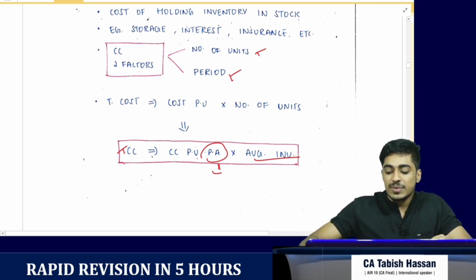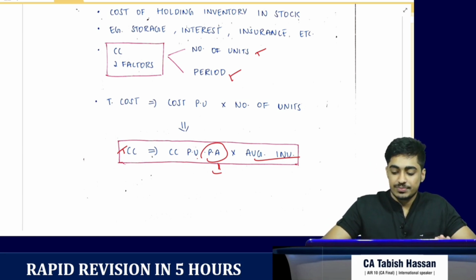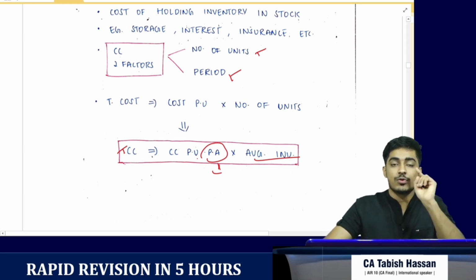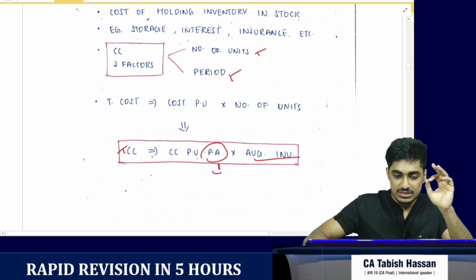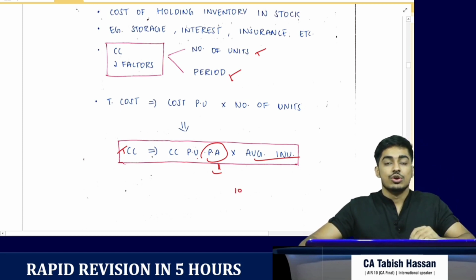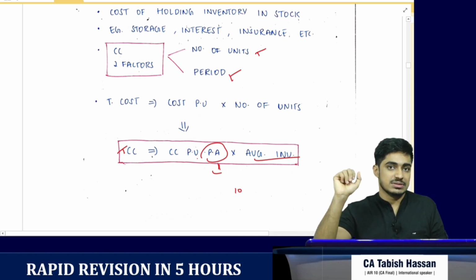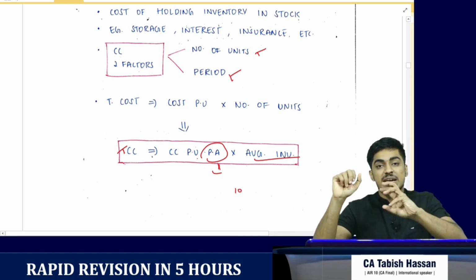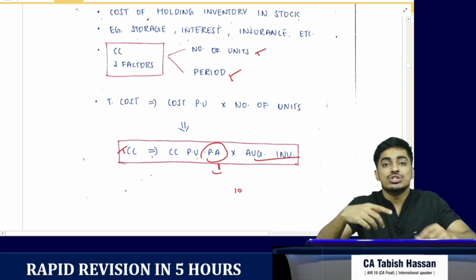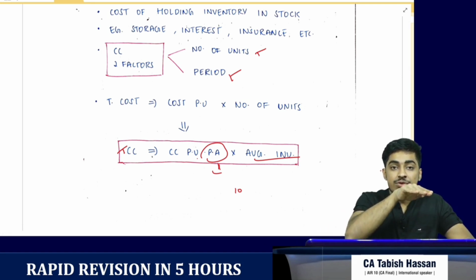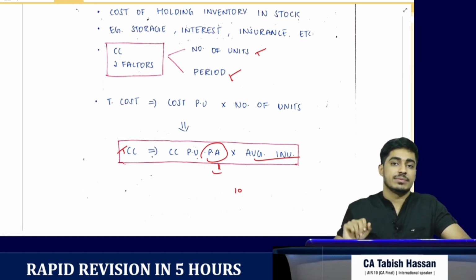And next, why are we multiplying it by average inventory? Say for example, my cost to hold 1 unit for 1 year is say 10 rupees. To hold 1 unit for complete 1 year, my cost is 10 rupees. So when we are multiplying it, by what we should multiply it? We should multiply it with the units we have held throughout the year.